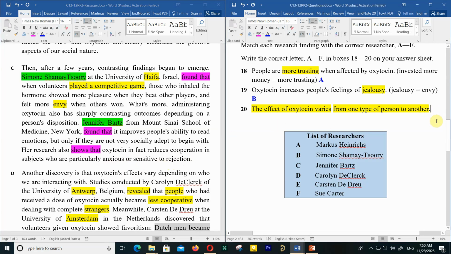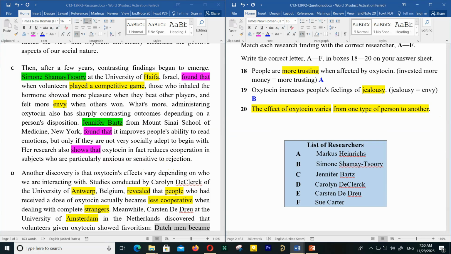So this is a kind of hard question to answer, and I'm going to rewrite what I read. First, found that it improves people's ability to read emotions, but only if they are not very socially adept to begin with, so only a type of personality, okay?